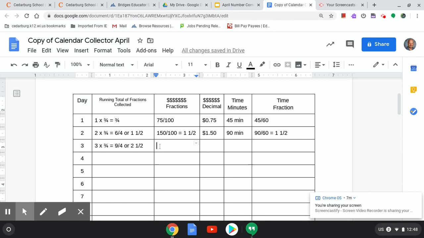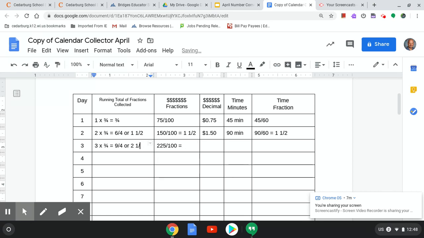What would that look like as a fraction? If 75 over 100, 150 over 100, this kind of reminds me of Anthony's problem. If you haven't hit that yet in your Bridges unit, this is counting by 75s. So this is pretty easy. So I'm going to go 225 over 100, and again, now it's not 2.5.